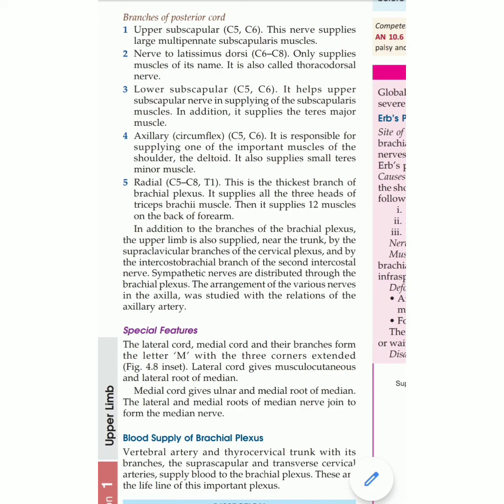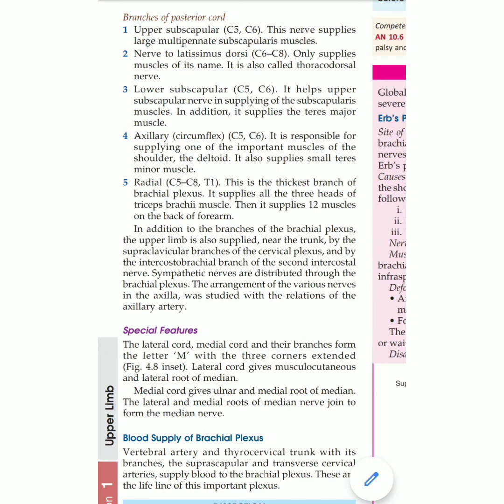Branches of the posterior cord. 1. Upper subscapular nerve, C5-C6. This nerve supplies the large multipennate subscapularis muscle. 2. Nerve to latissimus dorsi, C6-C8, supplies only the muscle of its name. It is also called the thoracodorsal nerve. 3.